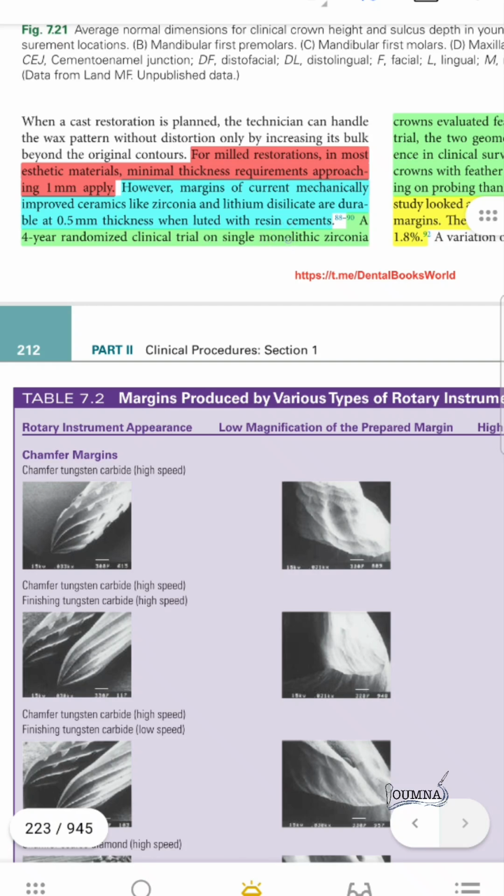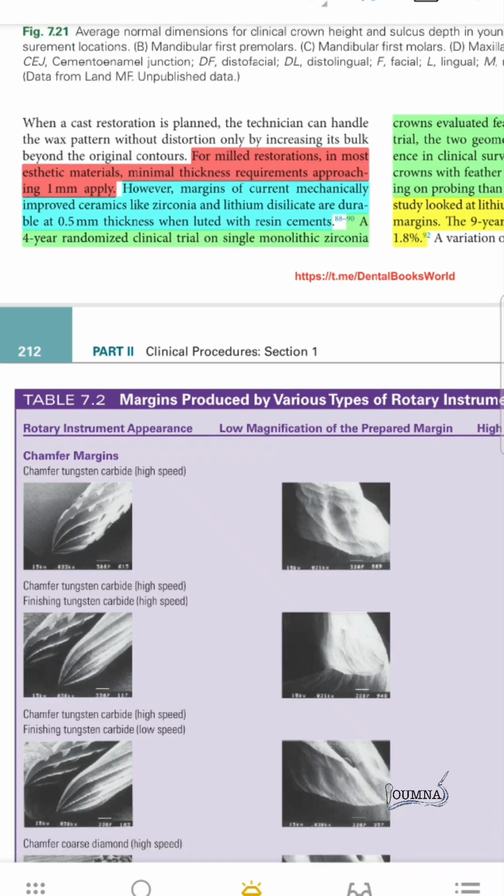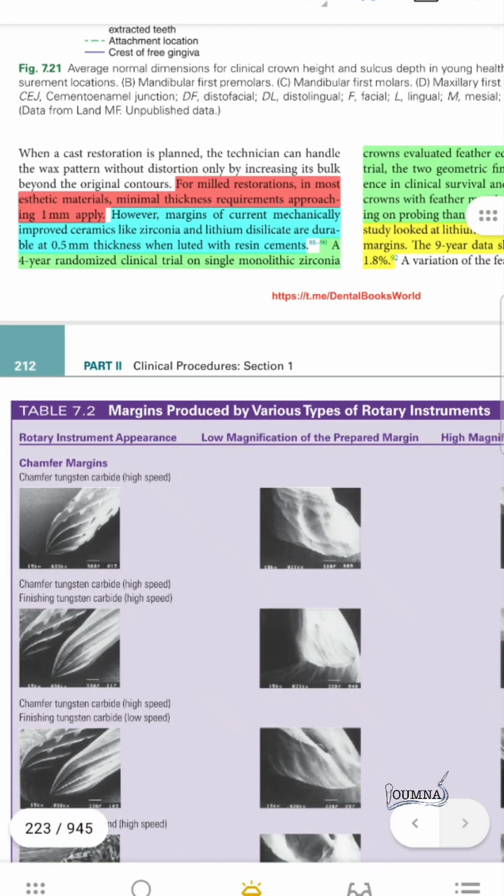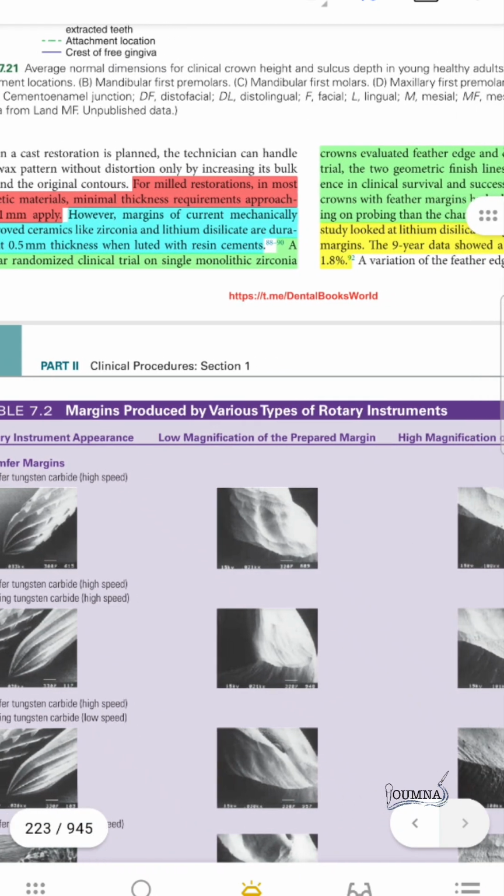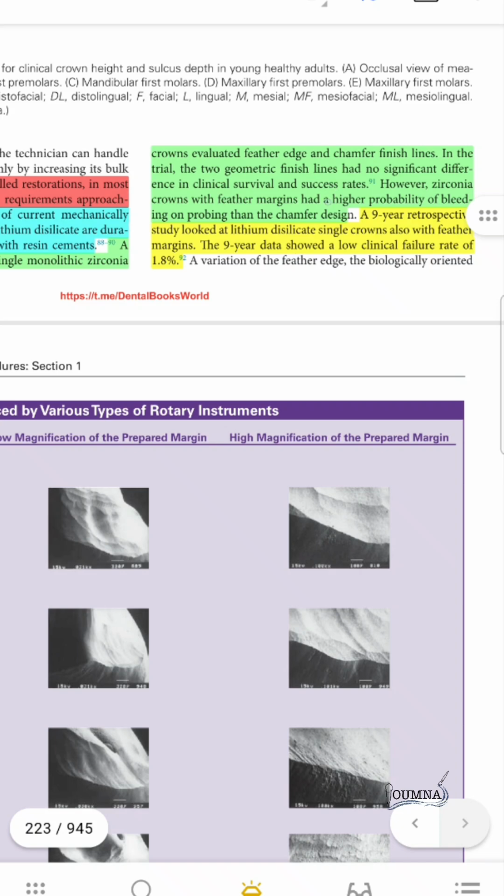There is an interesting study, a 4-year randomized clinical trial on crowns that had feather edge and chamfer finish lines. The comparison came to the conclusion that there was no significant difference in clinical survival and success rates between the two margins.